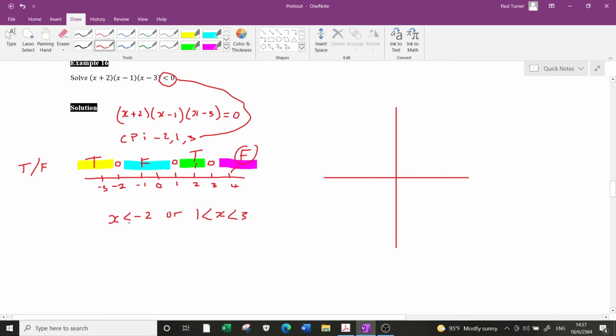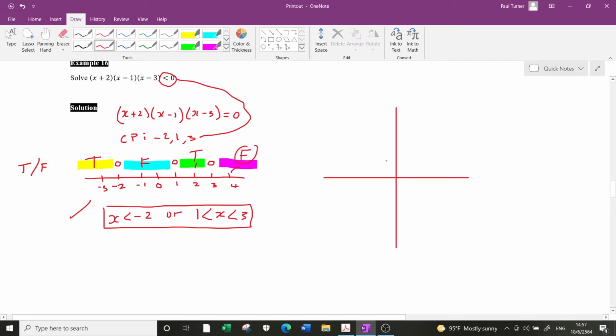So notice we don't include the minus 2 here, and we don't include the 1 and the 3 here. So you can write your solution like that. There are other ways to write your solution, but for this time, this is okay. So just write it out like that.